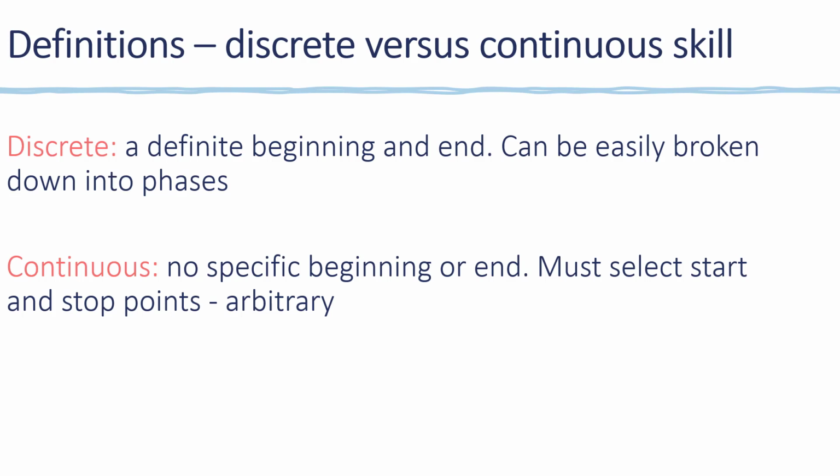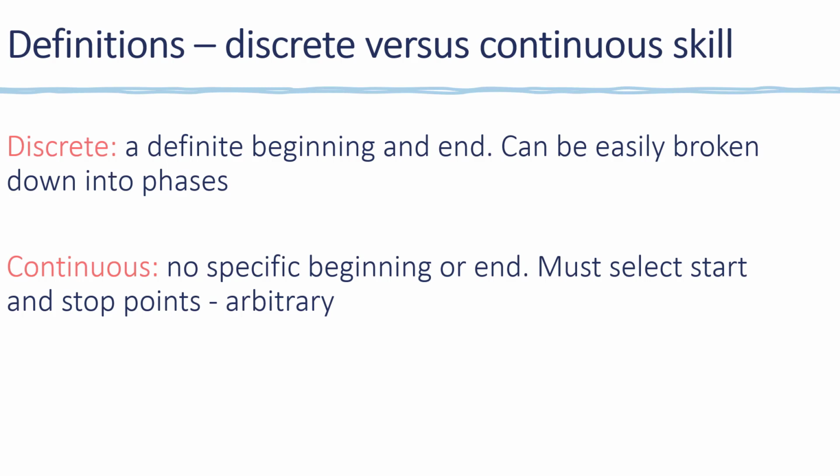Okay, next we have discrete and continuous. A discrete skill has a definite beginning and end, and it can be easily broken down into different phases, whereas a continuous skill has no specific beginning or end. So you may just randomly select these start and stop points. It's kind of arbitrary. An example of a discrete skill could be something like throwing a ball.